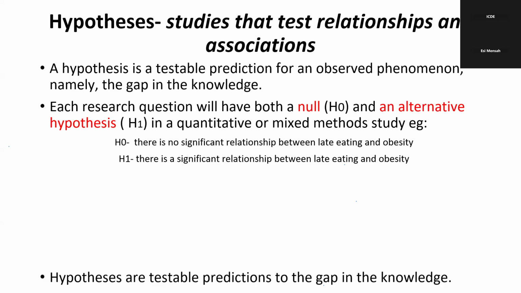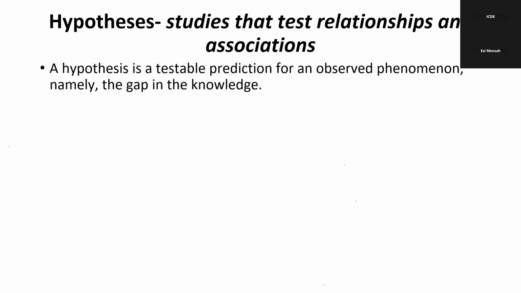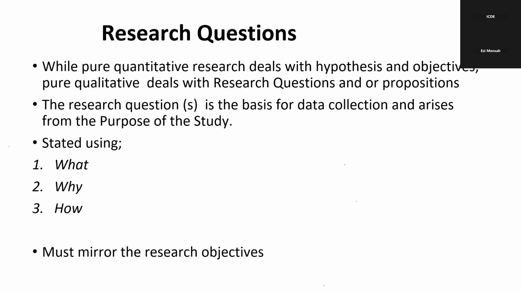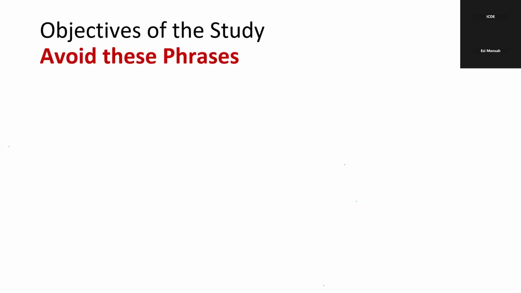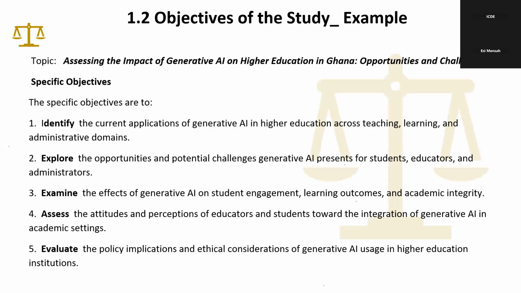Let's see if there's another example. So let's say that you want to look at the relationship between, let's use this old example, students' use of AI and the outcomes. Let's see objective 3, the effects of AI on student engagement.